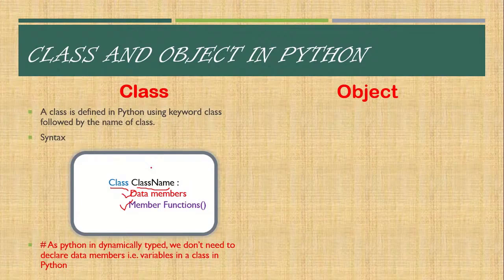But over here in Python, even if we know that a student will have some age, we do not need to declare the variable, because it is a dynamically typed language and we do not need to define its type prior to its use, because the interpreter itself will understand what its data type is, depending upon the type of data provided to a particular variable.